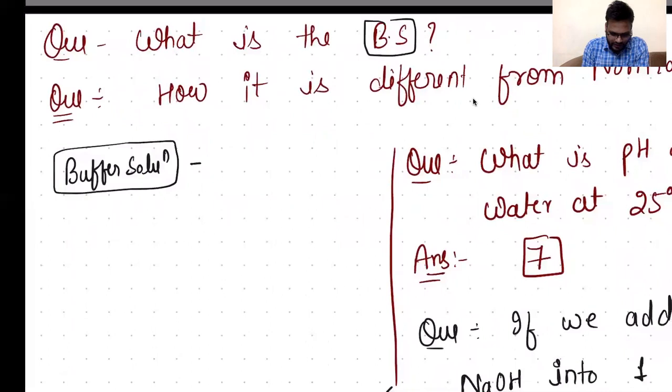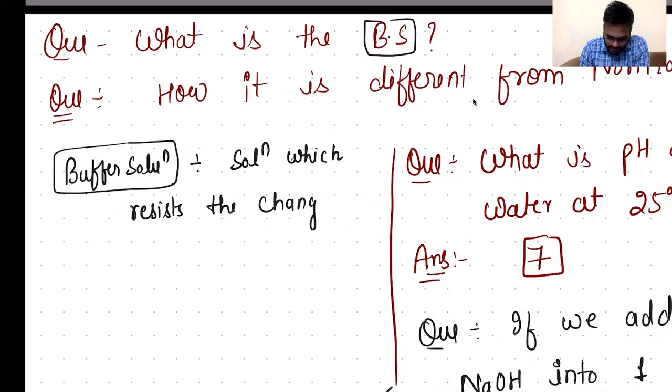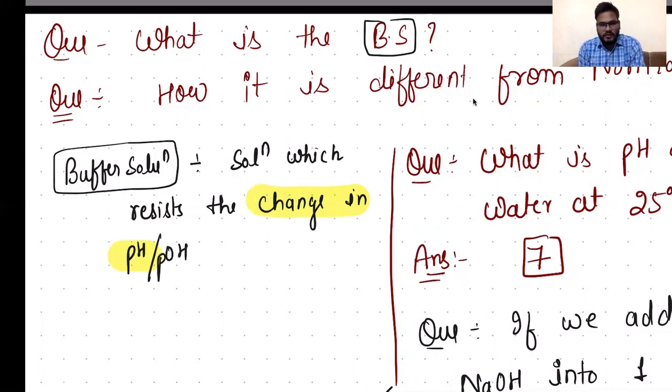Buffer solution can be defined as solution which resists the change in pH. pH or pOH, both will have the same meaning.